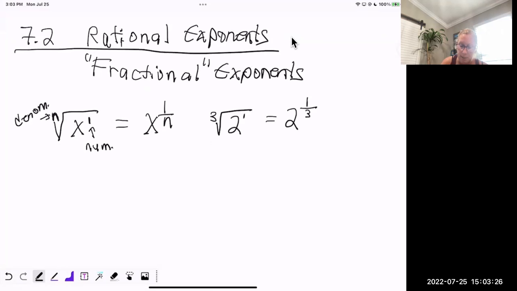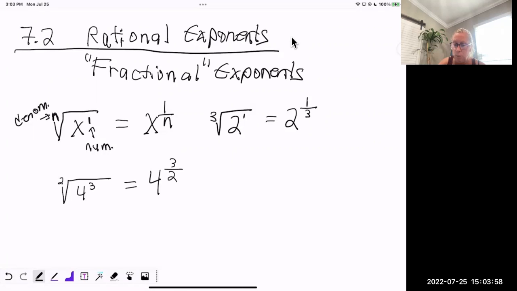If I had the square root of 4 to the 3rd, now square root, again, we don't write the 2, but definitely feel free to put a 2 in there because you're going to need it. 4, my numerator is 3, my denominator is 2. 4 to the 3 halves power. Get the gist of what we're doing?